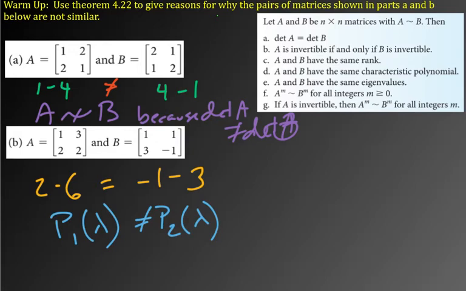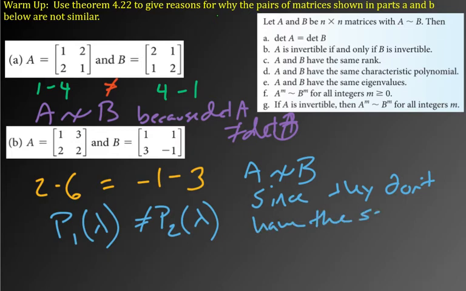And so since D fails, we can say that A is not similar to B, just since they don't have the same characteristic polynomial. So that's just a way that we can use this. We can basically check these conditions, and if they don't hold, then this implies that they're not similar.